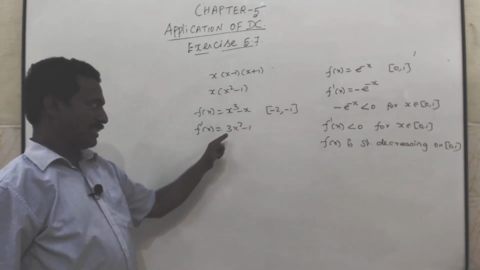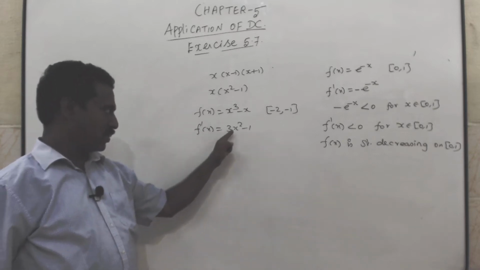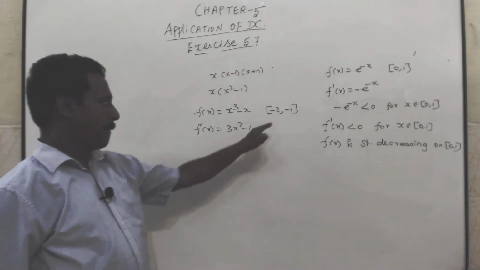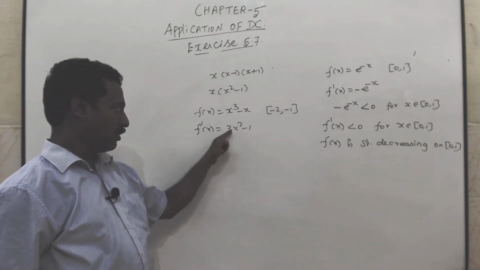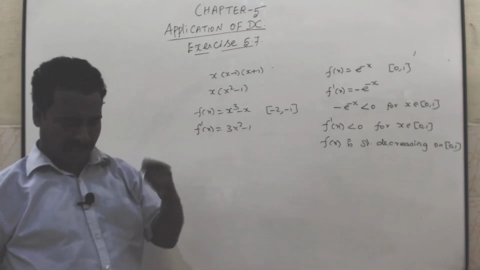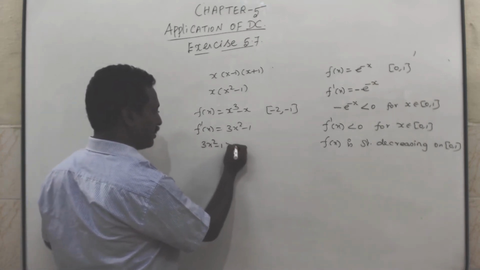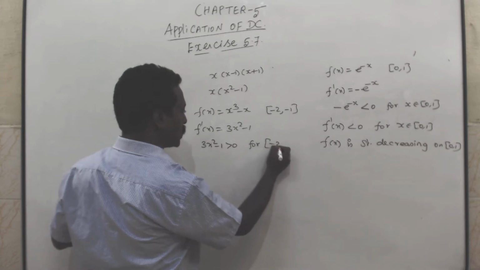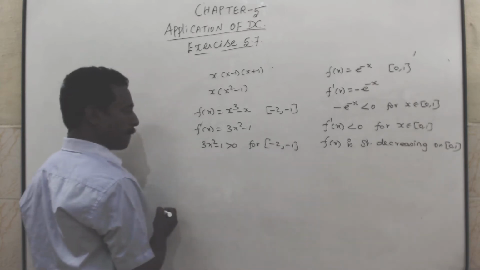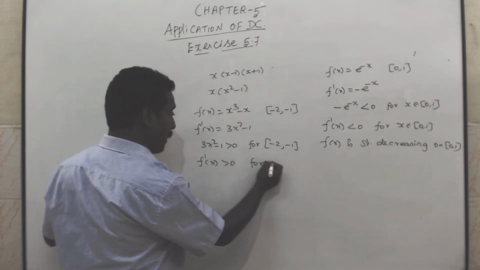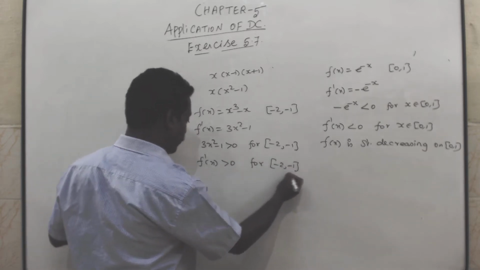When we substitute x equal to minus 2, minus 2 square is 4, 4 into 3 is 12, minus 1 is positive. Minus 1 square is 1, into 3 is 3, minus 1 is 2, also positive. Therefore, 3x square minus 1 is greater than 0 for [minus 2, minus 1]. Therefore, f dash of x is greater than 0 for [minus 2, minus 1].